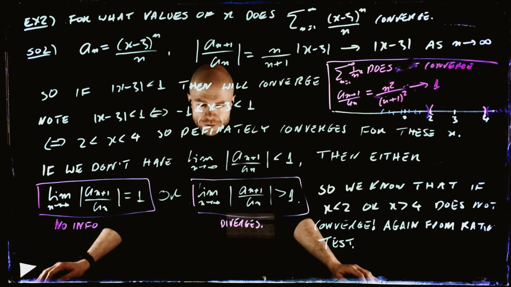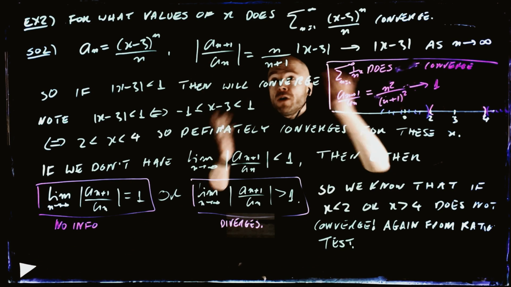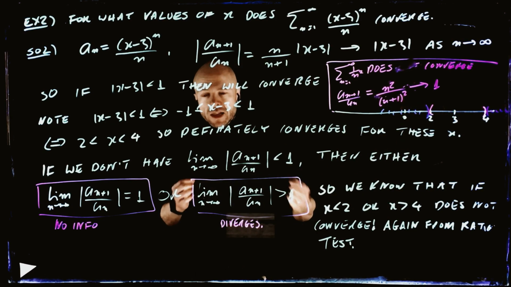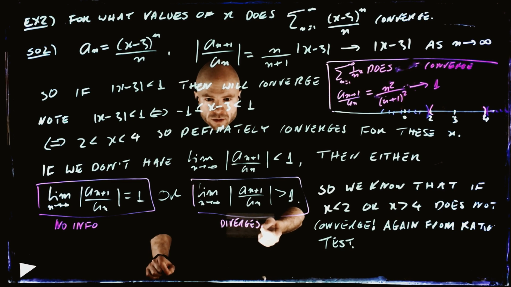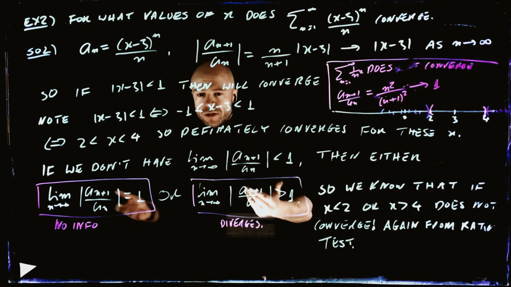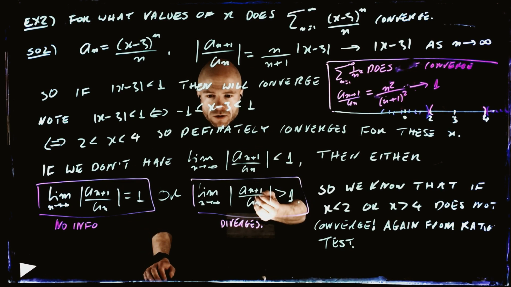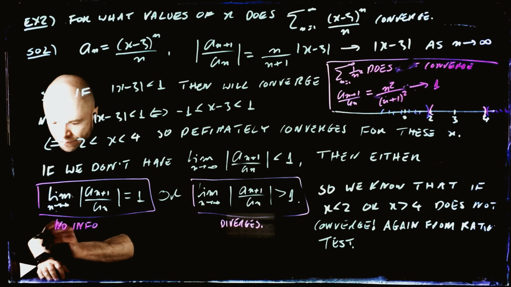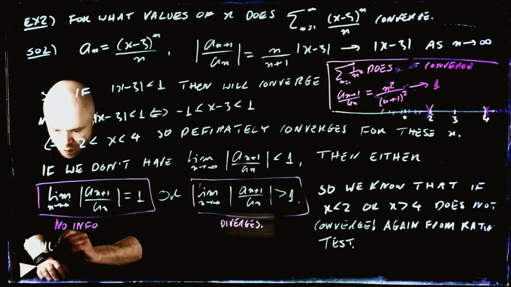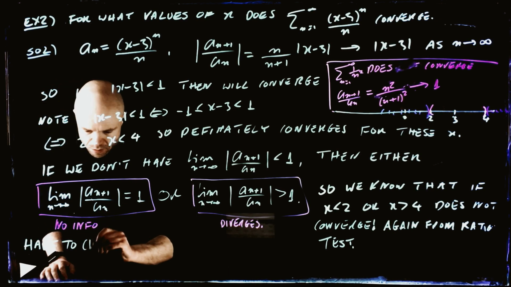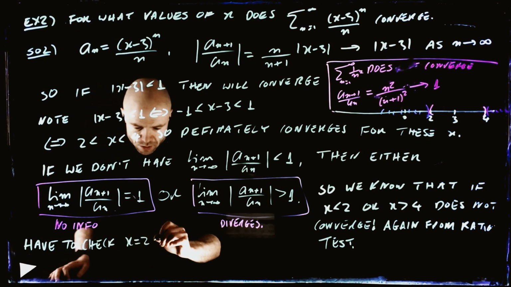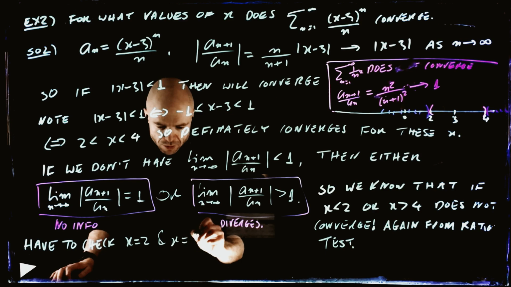The question says, for what values of x does it converge? We can almost answer this, but there are two values of x left where we don't know the answer. So what should we do? Well, the only thing to do is to stick in the values of x and see what they look like. So we have to check x equal to 2 and x equal to 4.